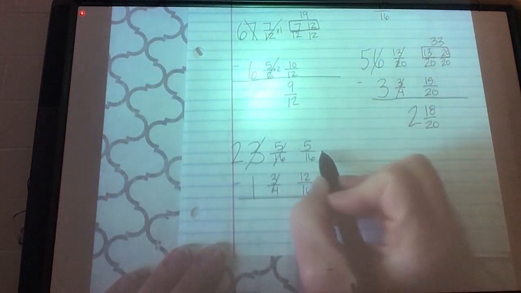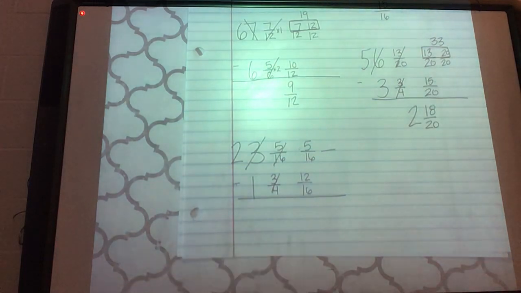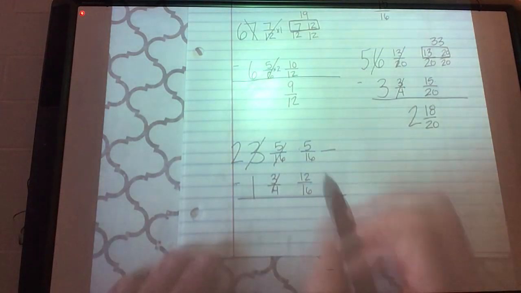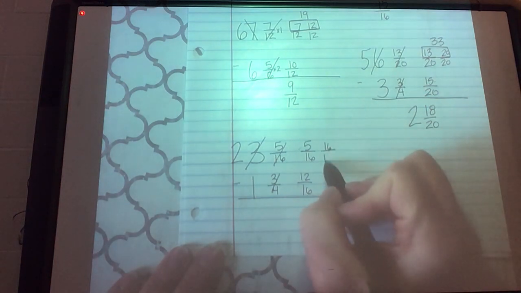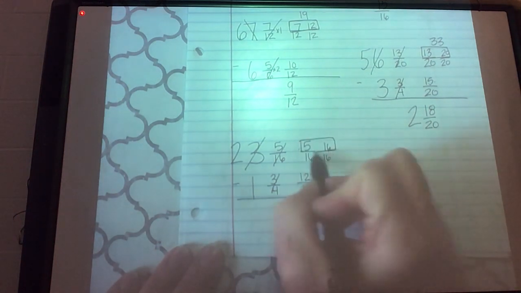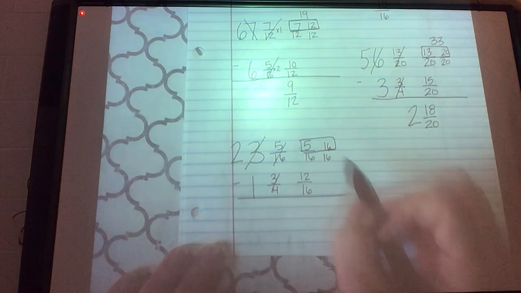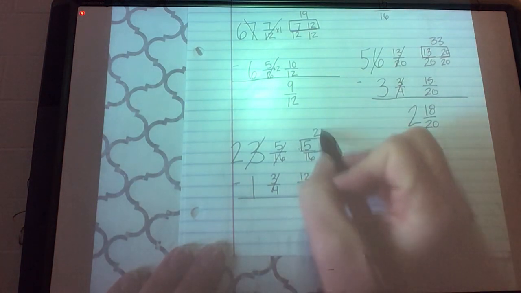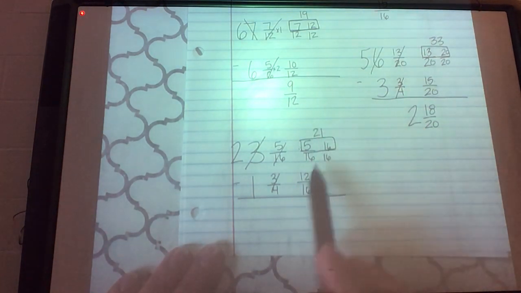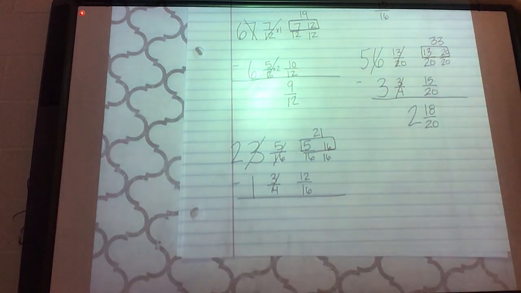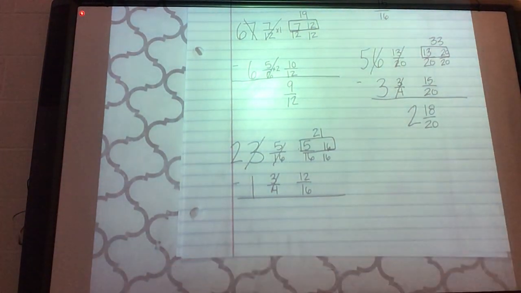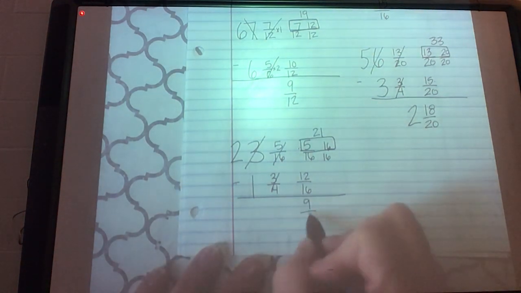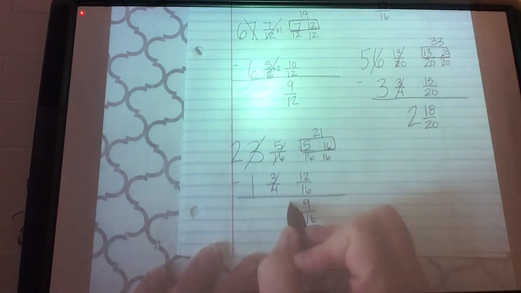What does my new 1 look like, the one I borrowed? It looks like 16/16. So what do I have on top? 21/16. So 21/16 minus 12/16 is 9/16. And then 2 minus 1 is 1.